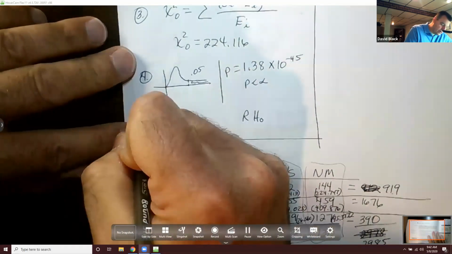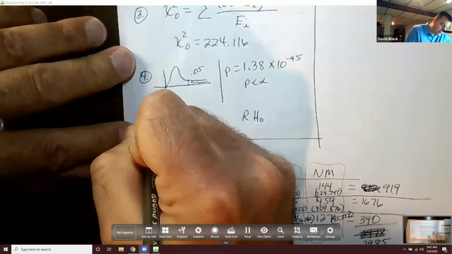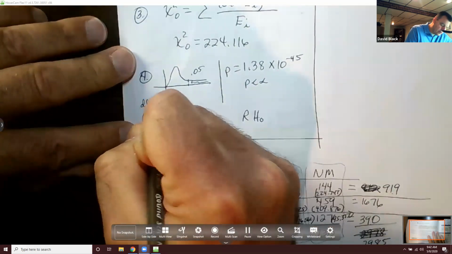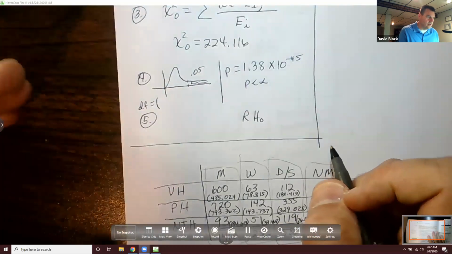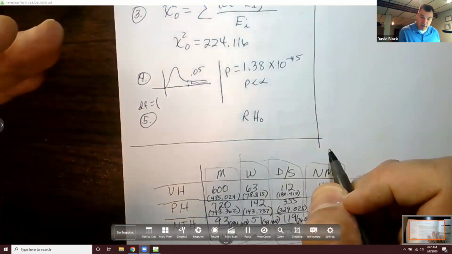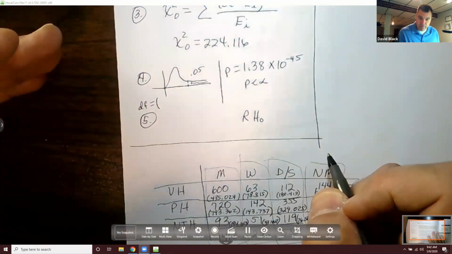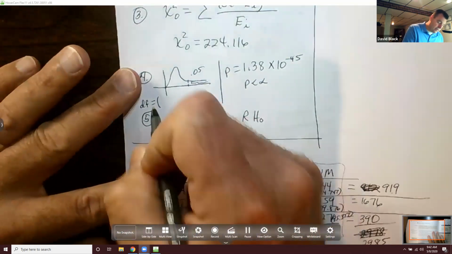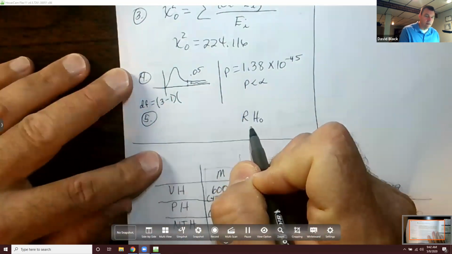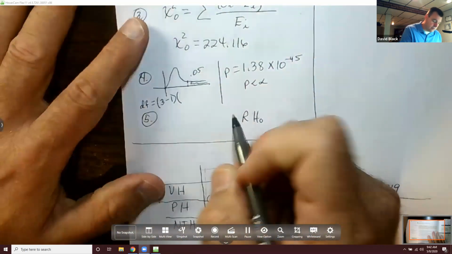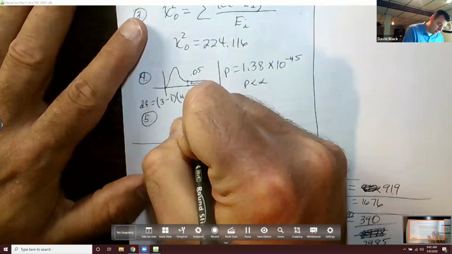Now, what about your degrees of freedom? Well, here's what you do. You take your number of rows minus 1 times your number of columns minus 1. So we had 3 rows minus 1 times we had 4 columns minus 1.